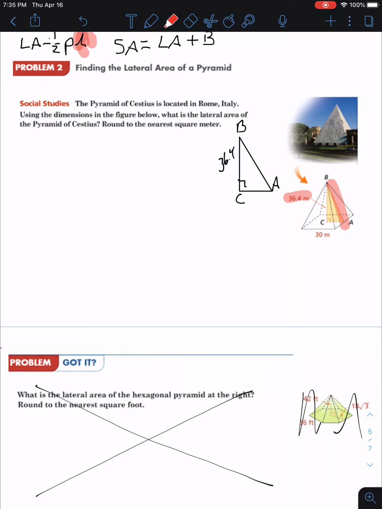So we're going to take that right triangle I referred to earlier, which has the height, the slant height, and half of the base, because it goes to the central point. The base was 30 meters, so half of that is 15 meters. So you've got 36.4 meters and 15 meters.